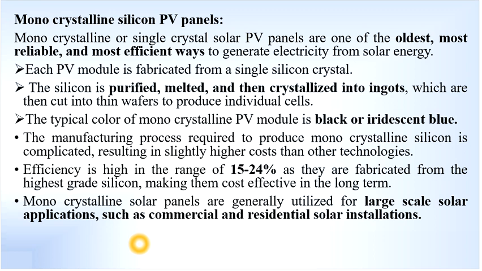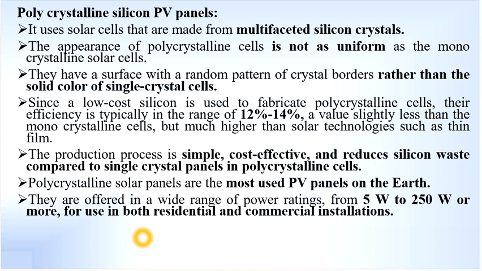The maximum value possible is 100%, but 15 to 24% itself is considered high efficiency in the case of solar panels. Note this. Monocrystalline solar panels are generally utilized for large scale solar applications such as commercial and residential solar installations.